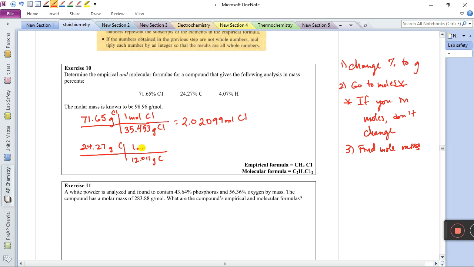On top is going to be 1 mole. .02 again. Okay. And then for hydrogen, we got 4.07 grams. What's molar mass for hydrogen?